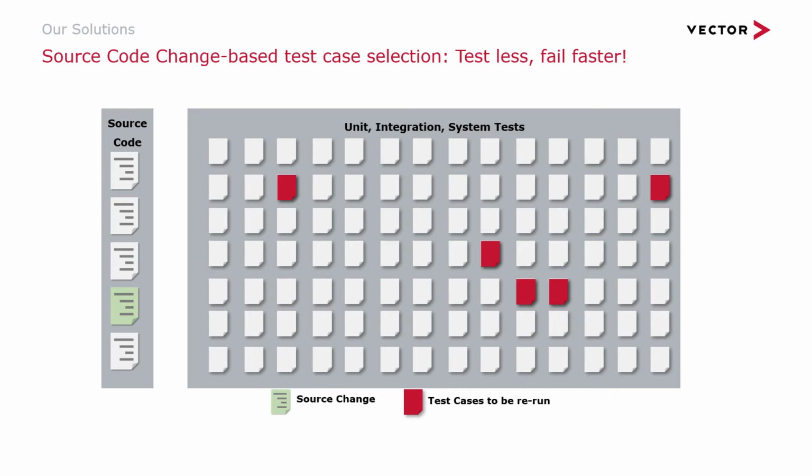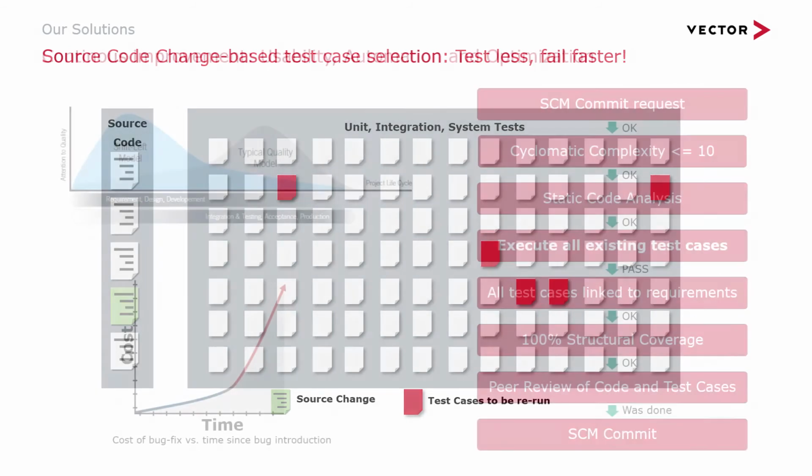And even more, we can analyze which test case is affected by the source code change. And then we can incrementally rebuild only those test environments affected and only rerun those test cases affected by the source code change, which can really reduce the time it takes to run test cases.